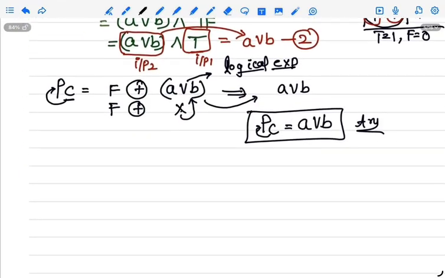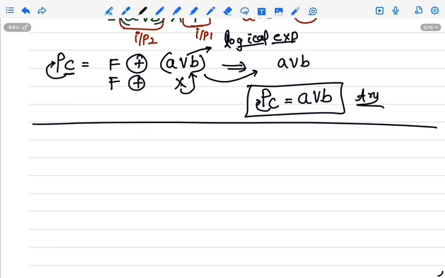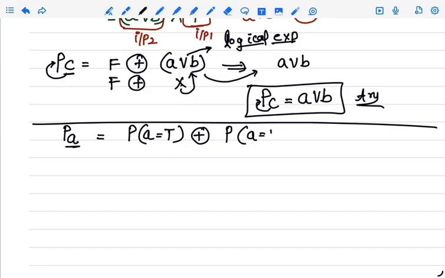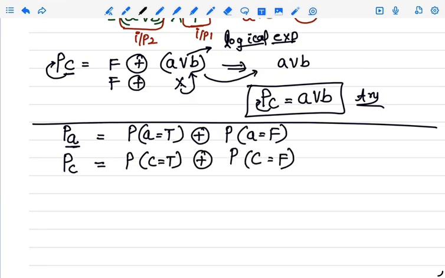You have to remember these formulas, friends. If they ask for PA, where A is the major clause, find the predicate with A equals true XOR the predicate with A equals false. If they ask for PB, the predicate with B equals true XOR the predicate with B equals false.